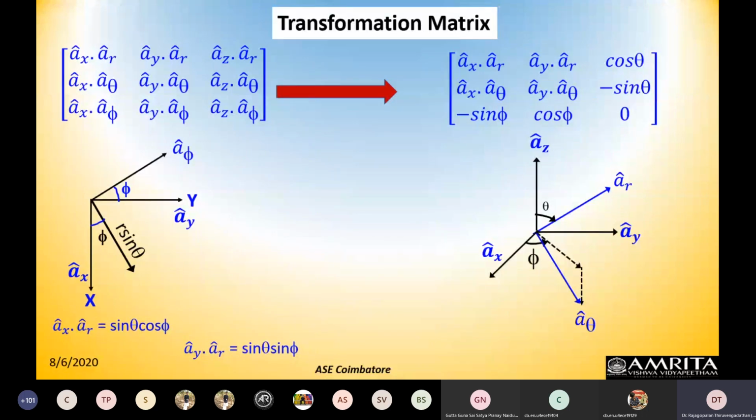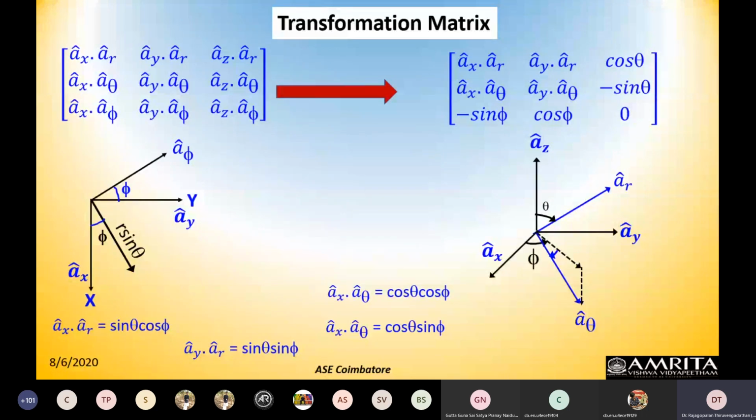This is how it is done. To show that projection clearly, I have marked these projected vectors on the xy plane. I have projected this a theta direction on the xy plane with this dotted line, and this is the angle theta, so you can see that clearly.